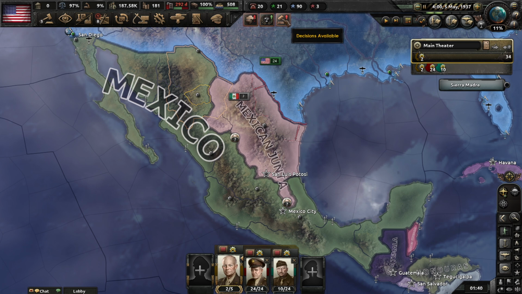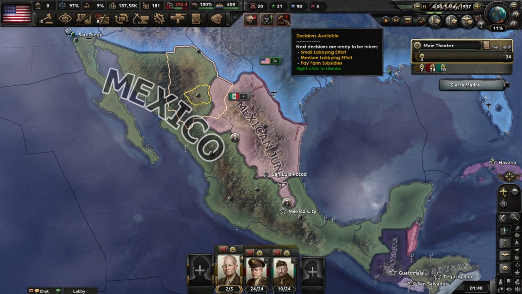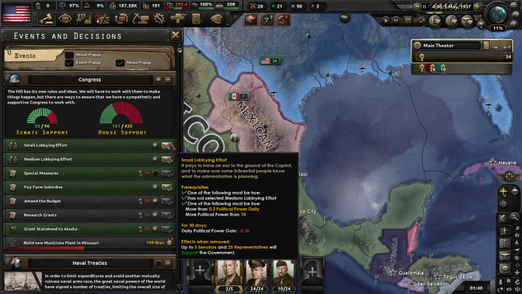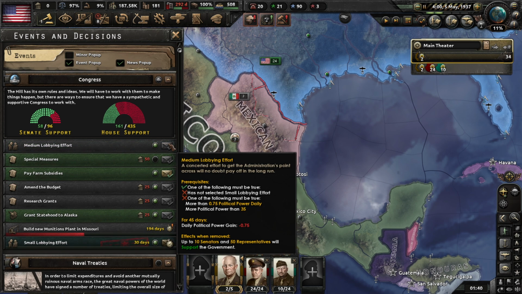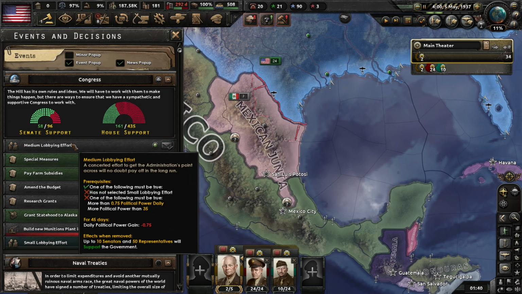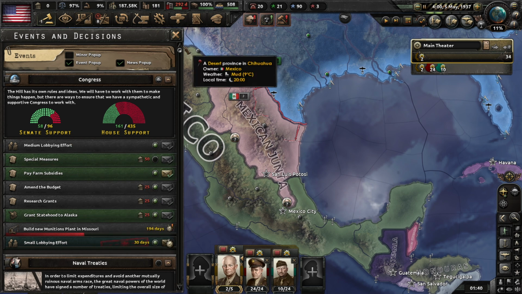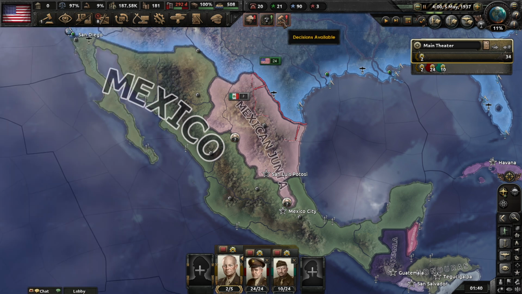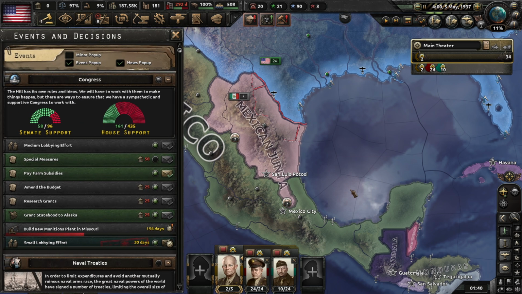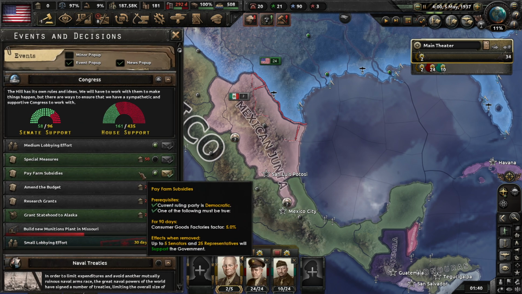Hold up, I just got Spain's loyalist complete. Okay, so next is obviously, like you said, rural infrastructure. Rural infrastructure, right? If I'm correct.